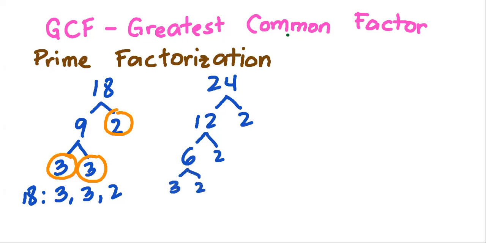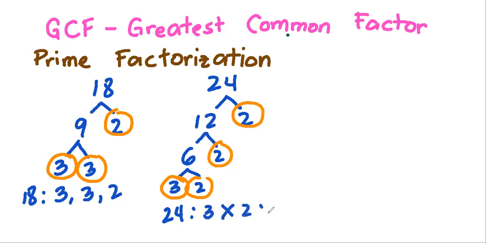Let's encircle the prime numbers. We have 3, 2, 2, and 2. So the factors of 24 are 3 times 2 times 2 times 2.